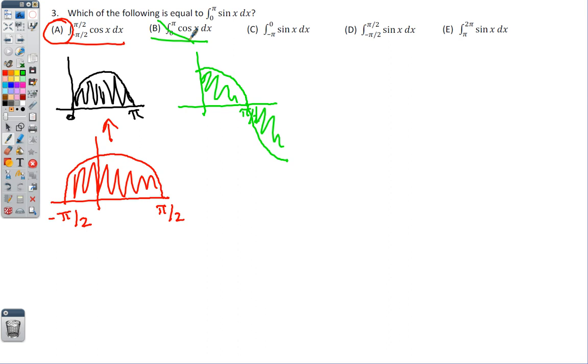Okay. This one here, 0 to negative pi. So we're actually on this side. So sine starts here and goes up, so then it's going to go backwards, and it's going to be down here. So it's actually a negative hump, basically. So that's no good.